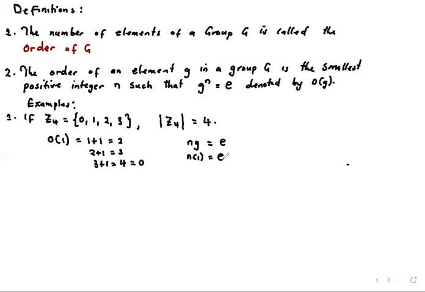So n is 4. I think it's this that will give us 4, which is 0, which is E. My thought here is that the order of that element is going to be 4.